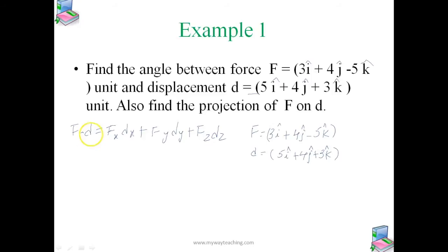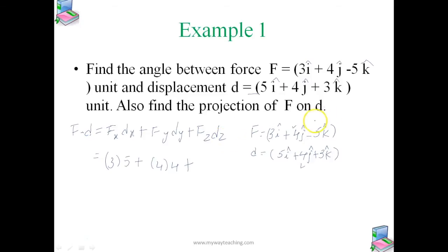So when we consider the dot product of these two, Fx is 3 and dx is 5. Fy is 4 and dy is 4, so it is 4 into 4.